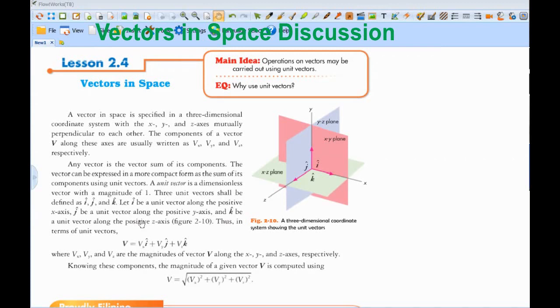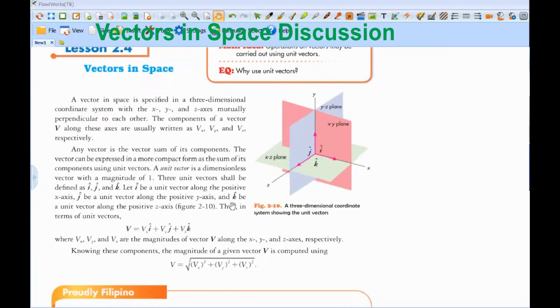Let i hat be a unit vector along the positive x-axis, so that's the i. j is the unit vector along the y-axis, so along the y-axis is this. And the z is the positive z-axis. k is the positive z-axis.